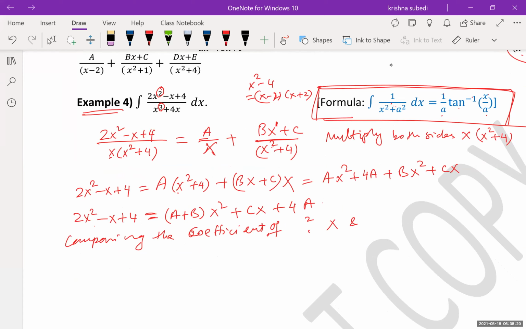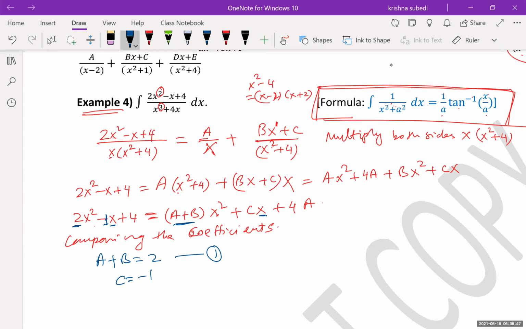The x squared coefficient is a plus b, and on the other side the x squared coefficient is 2. So that means a plus b equals 2. This is your equation 1. And here you have x and here x, so the coefficient is 1 there. So that means c is -1. This is your equation 2.